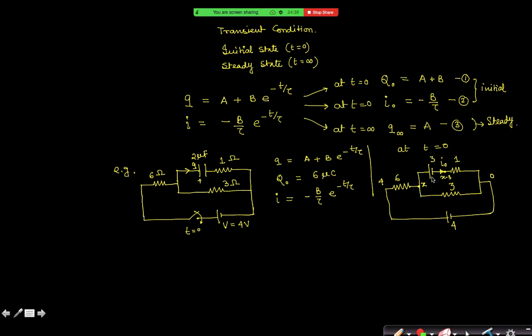I can say that the current leaving this branch is x minus 3 divided by 1. Yes or no? Yes sir. So the leaving current is x minus 3 minus 0 divided by 1. If I say this current is also leaving, then this current will be x minus 0 by 3.